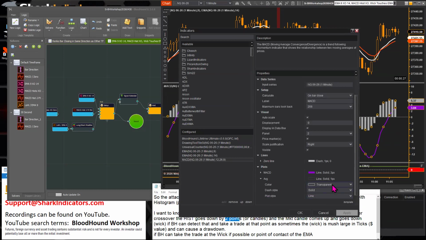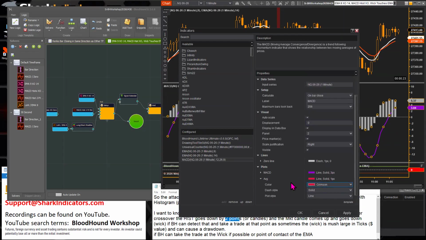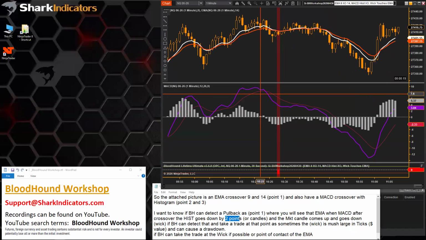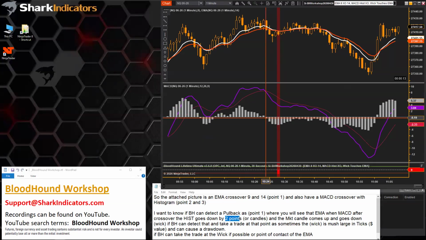Let me just turn on the average line here. There we go. When the MACD line crosses the signal line, that's when the histogram also crosses the 0 line. So they're one and the same.